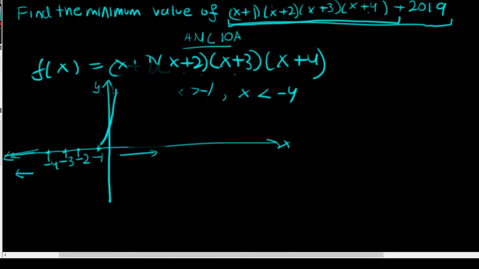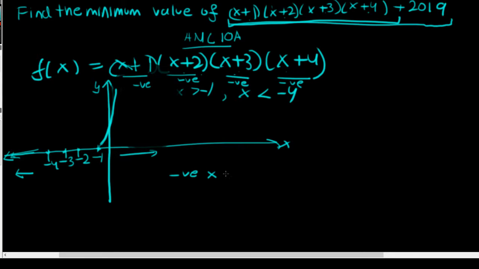Just completing it in a nice way. That is done. And for values of x less than -4, you also notice that f of x always lies above the x-axis. This is because for values of x less than -4, this is going to be negative, this is going to be negative, this is going to be negative, and this is going to be negative.